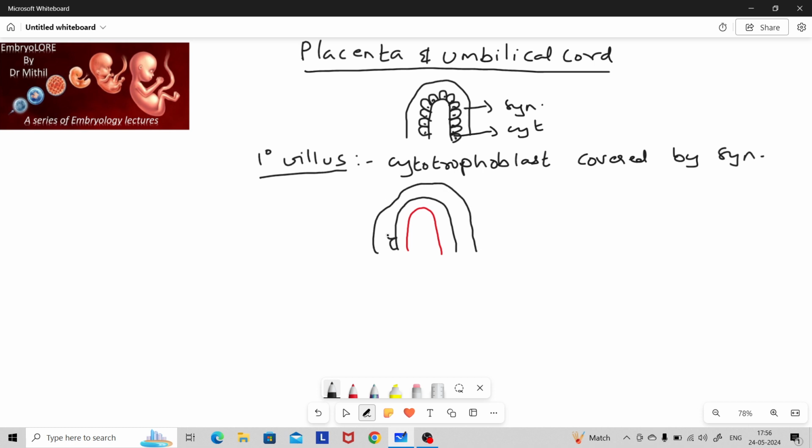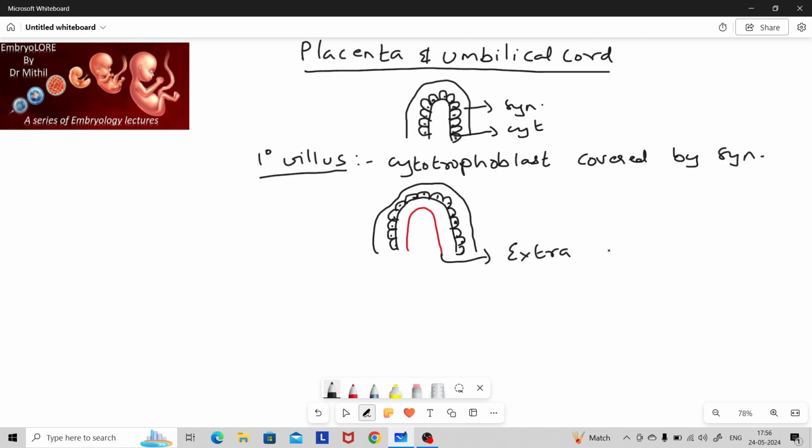The red-colored one is the extra embryonic mesoderm.